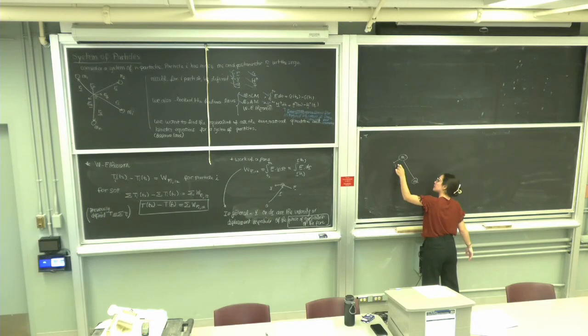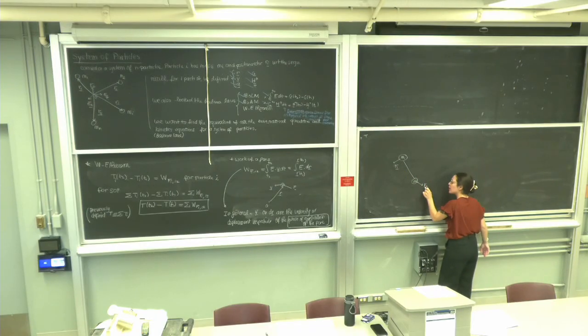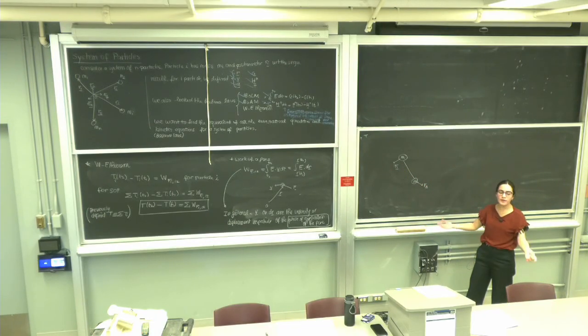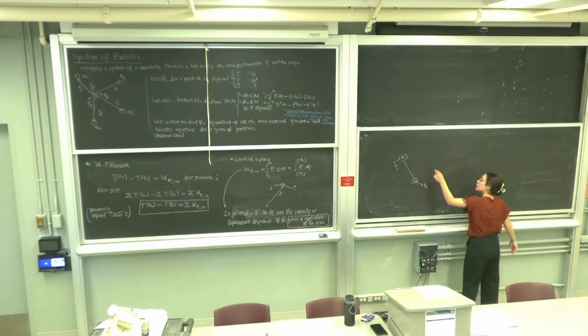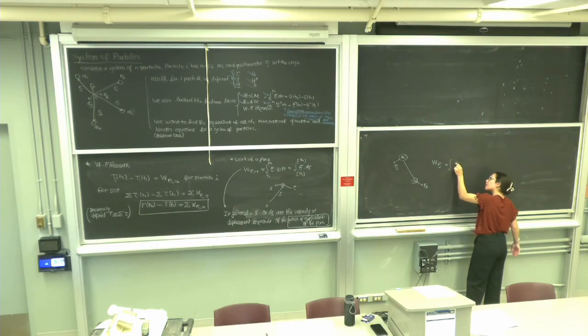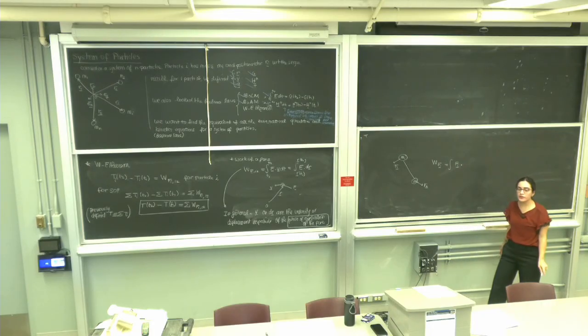Well, I'm not going to plot the velocities. I'm going to say this is F1 and this is F2. How do I calculate the work of the force F1? The work of F1 is the integral of F1 dotted with the velocity of which point?